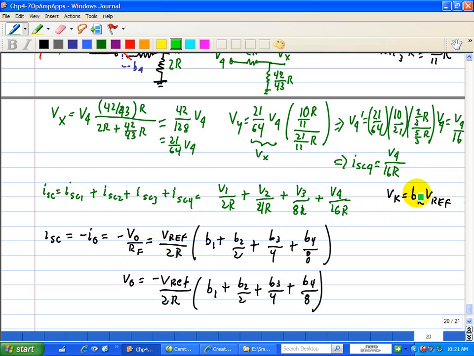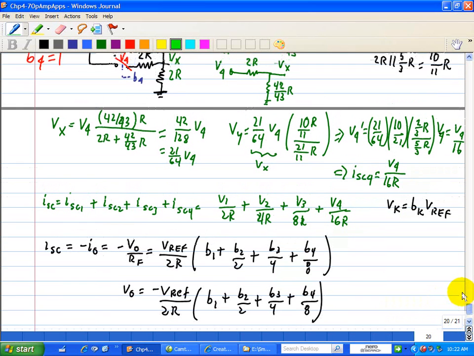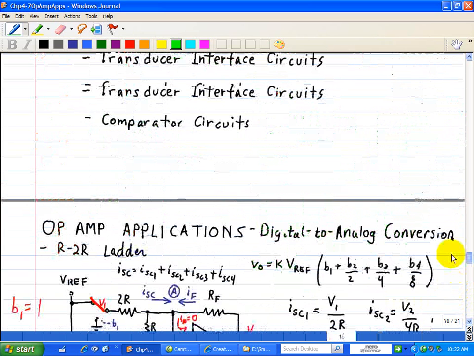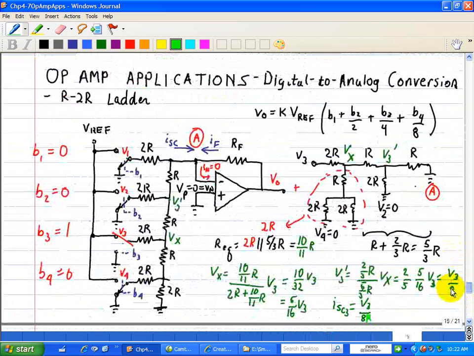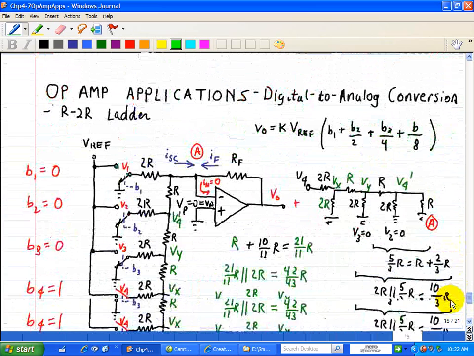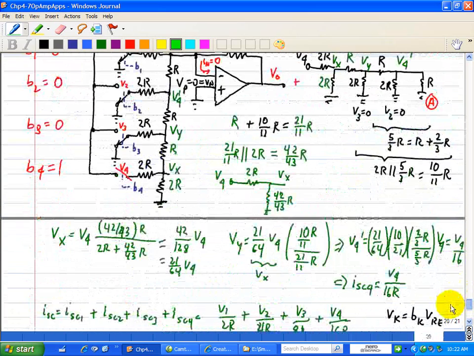It's either not connected to the V reference, or it is connected to the V reference. So this Bk again is connected to one of two values. So that concludes finally the R-2R DAC that we just calculated. And it turns out to be equivalent to the binary weighted DAC.